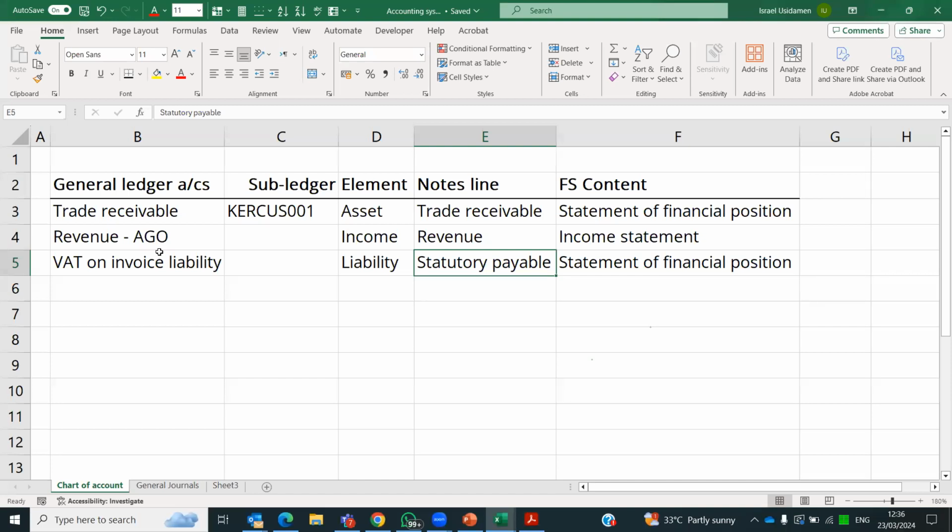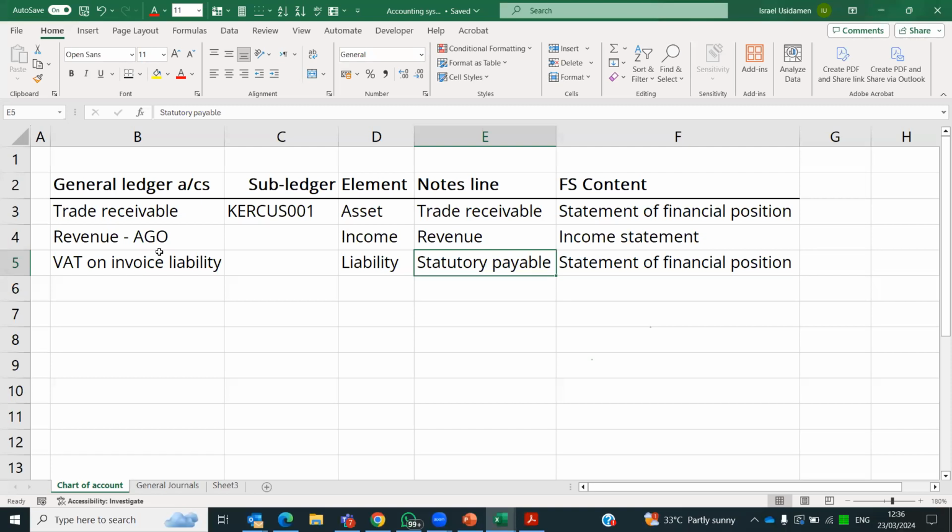The same thing with chart of accounts. Everything starts with the elements, which are assets, liabilities, equity, income, and expenses. However, in each bucket, there are different types of assets, specific. There are different types of liabilities, specific. There are different types of equity, income.